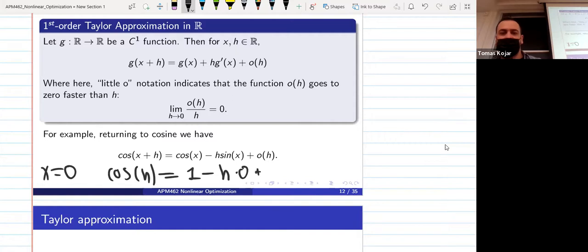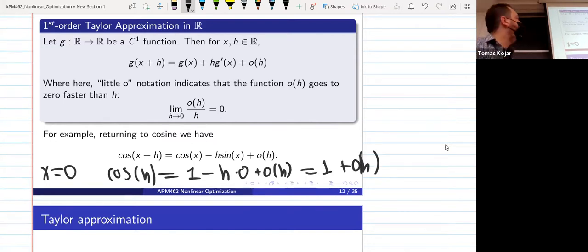Sorry, the sine of 0, yeah, 0. Taylor's theorem tells you that cosine of h as h goes to 0 is linearly close to 1. This is the speed at which it converges to 1, which is pretty cool. It tells you how fast it goes to 0. Can I make it faster?